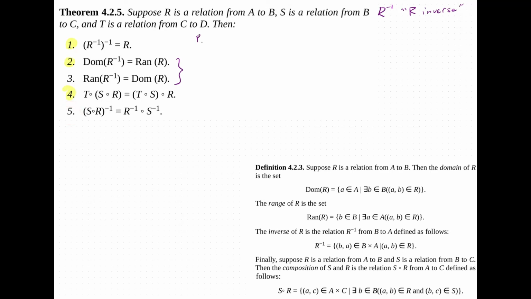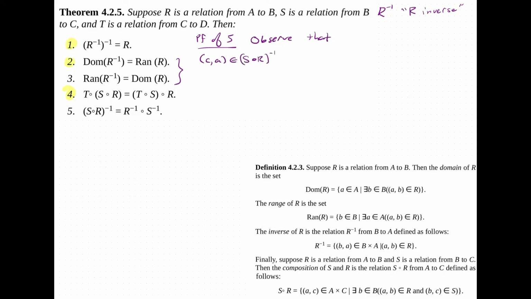Proof of 5. As is the case with 1, 2, 3, 4, it is going to follow by a careful use of the definitions. So I'm going to choose C, A to be in the composition S compose R, quantity inverse.